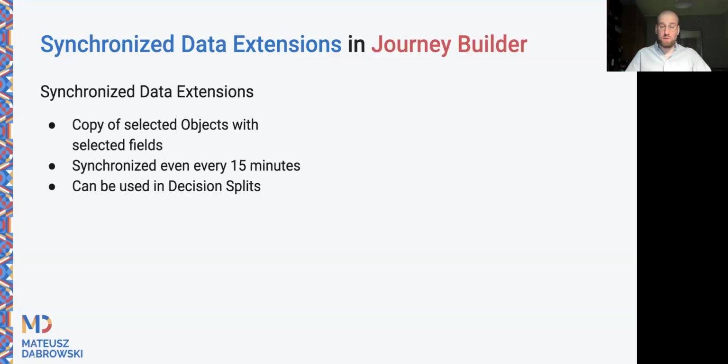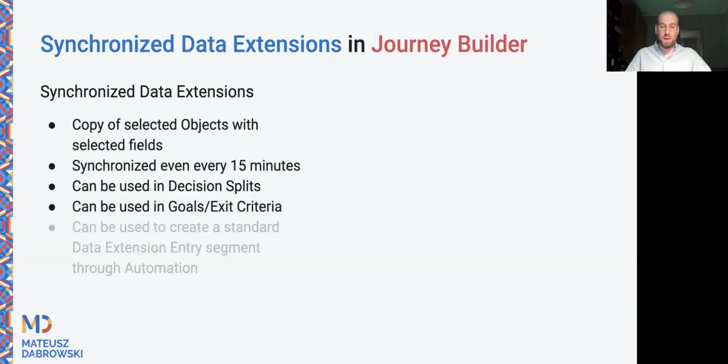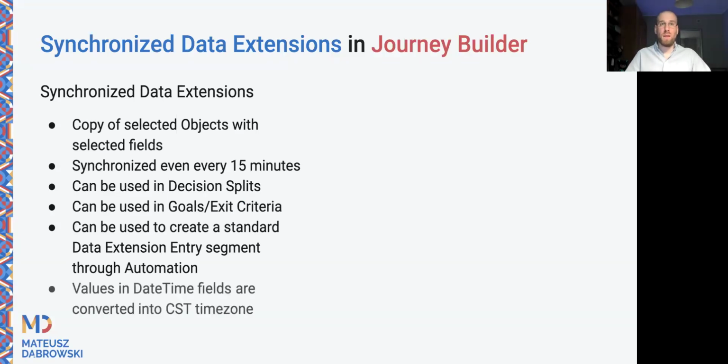This data can be used for the decision splits. It can be used for goals or exit criteria. It can also be used to create segments with the data extension entry using the Automation Studio. And here is yet another gotcha: values coming this way are converted to the CST time zone, rather than the UTC time zone.